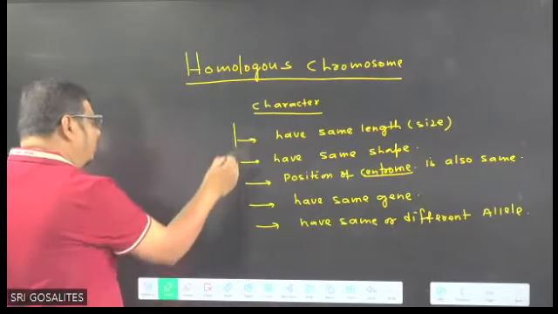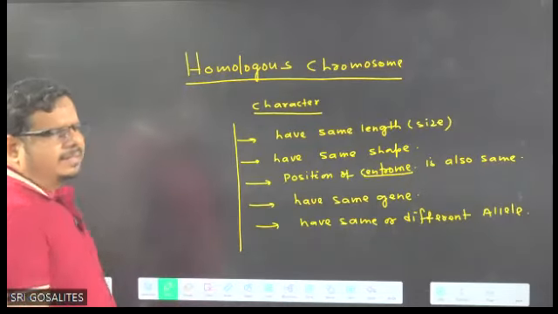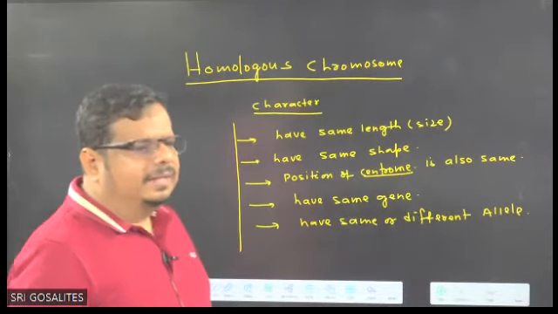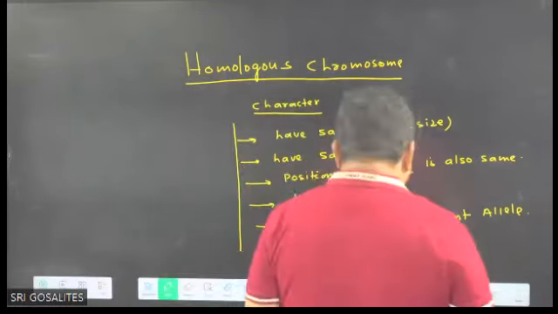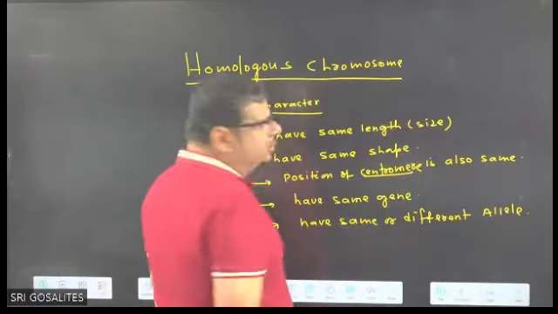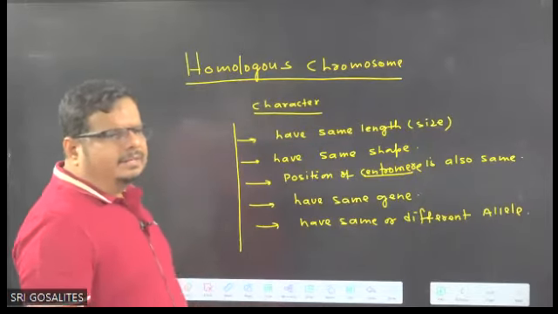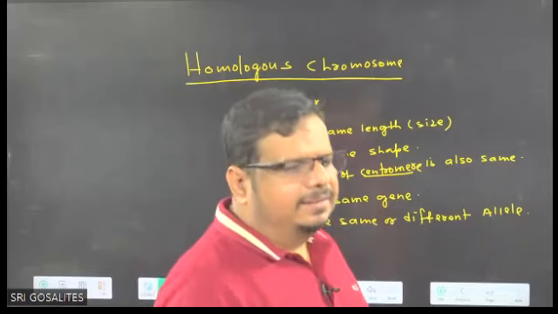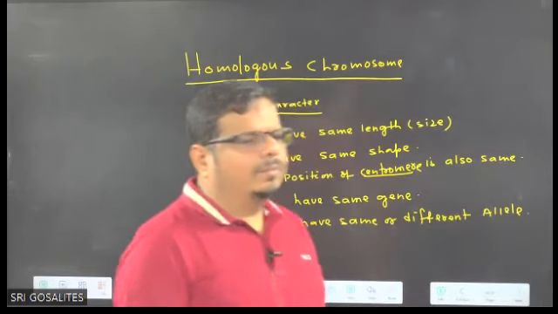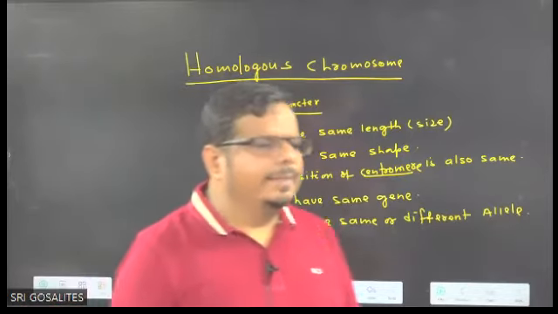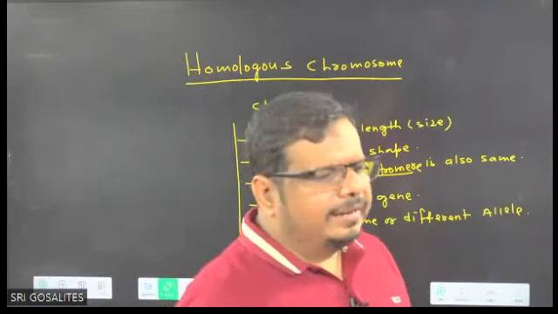If two chromosomes are homologous, they have the same length, same size, same shape, the position of centromere is same, they have the same genes, they have same or different alleles. Centromere, it is not centrome. Centromere. Got the idea? You know centromere?